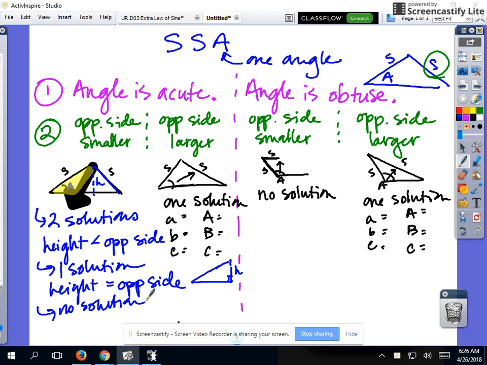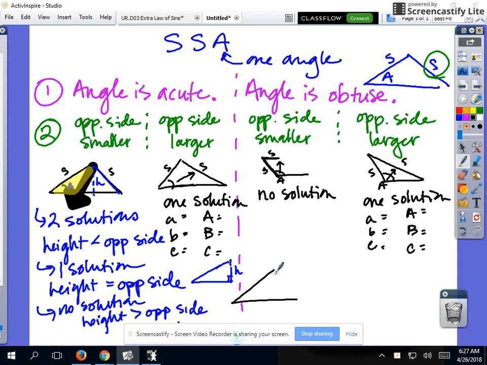And that is when the height that you find, and I'll tell you how to find the height in just a moment, is actually greater than the opposite side. And I'm going to visually show you why that just doesn't make any sense. So say you have this whole angle side. So you're drawing, this is supposed to be longer, and then this is supposed to, well, let me make it a little bit less.